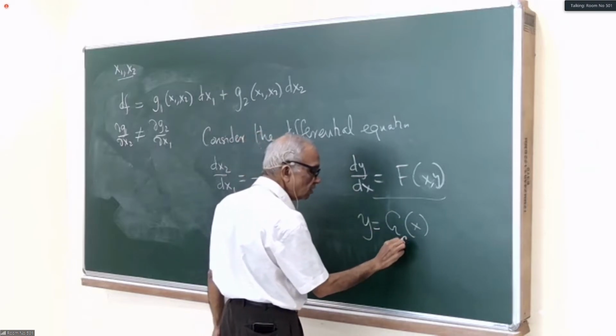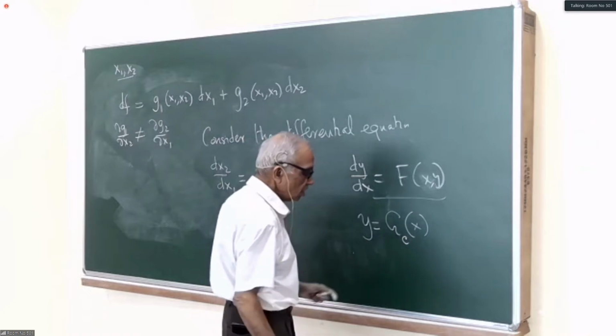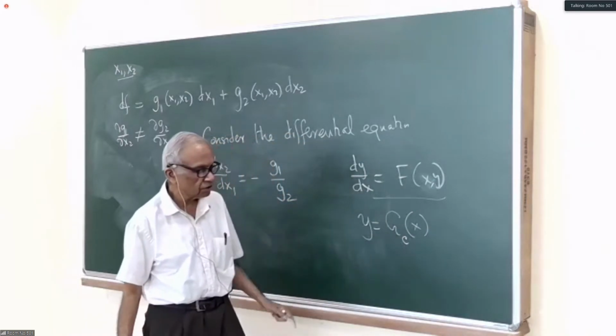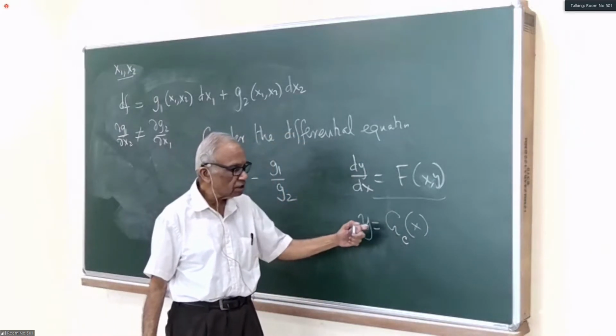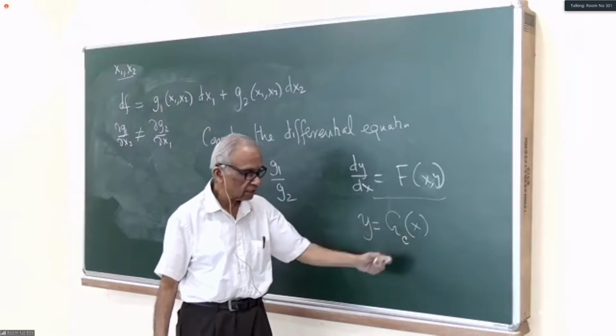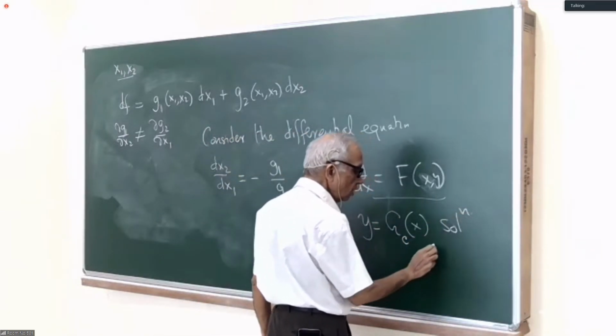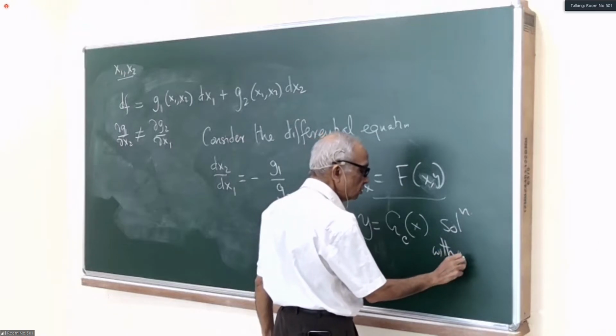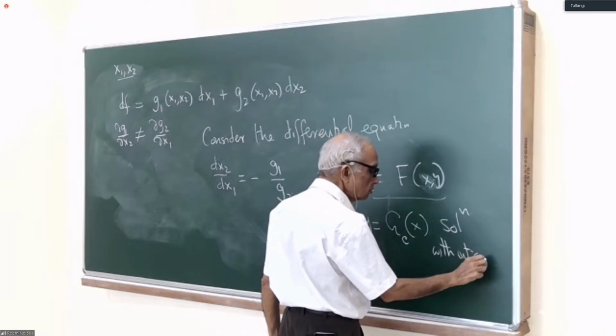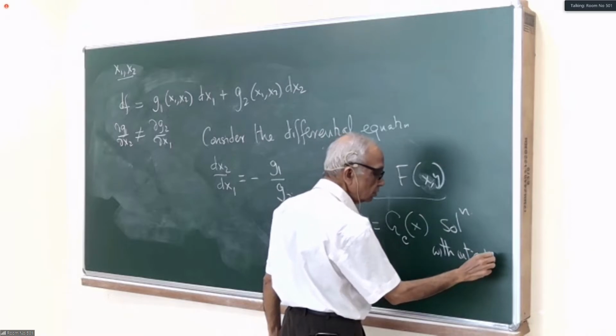So let's say that integration constant is C. So I keep that label C over here, and y is equal to g_C of x is the solution with integration constant C.